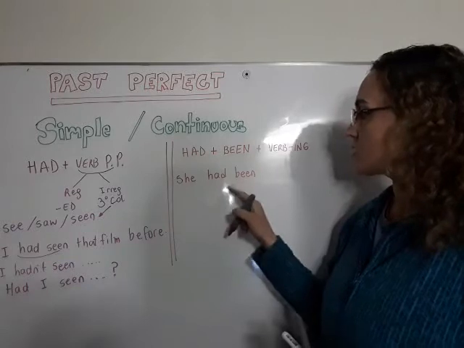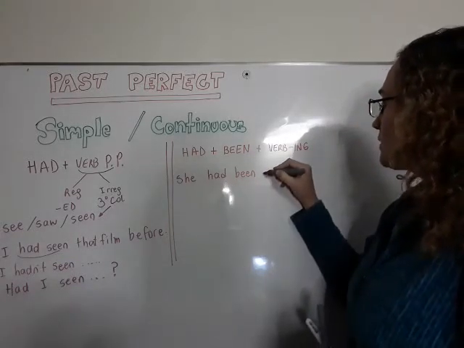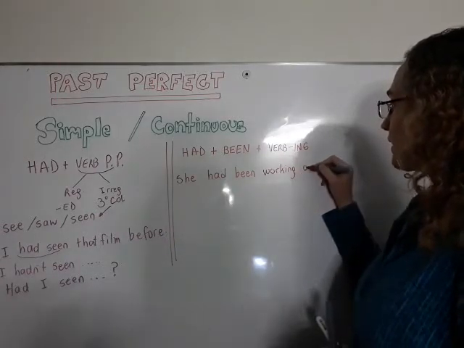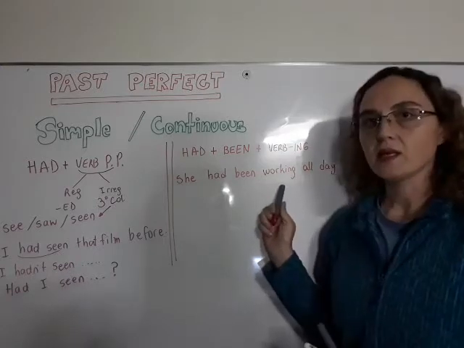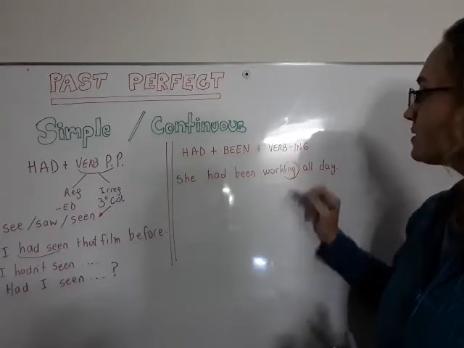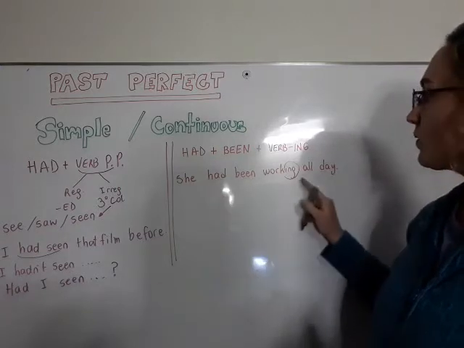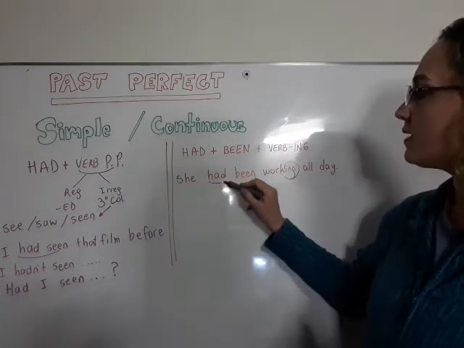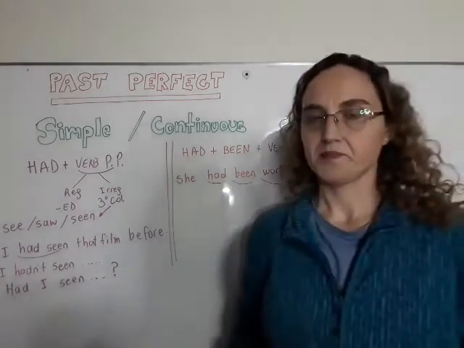It never changes. She had been working all day. In this case, it doesn't matter if the verb is regular or not because it is always ending in ing. It never changes, okay? So she had been working all day and we translate it as ella había estado trabajando todo el día.